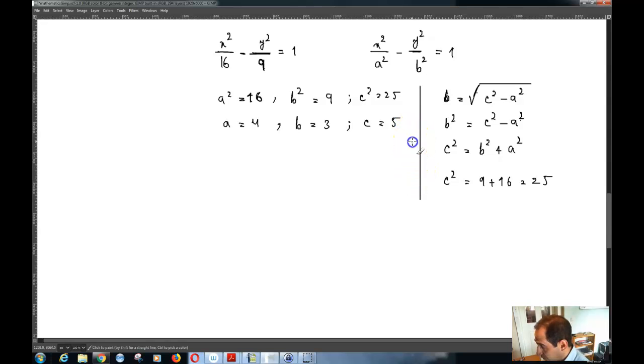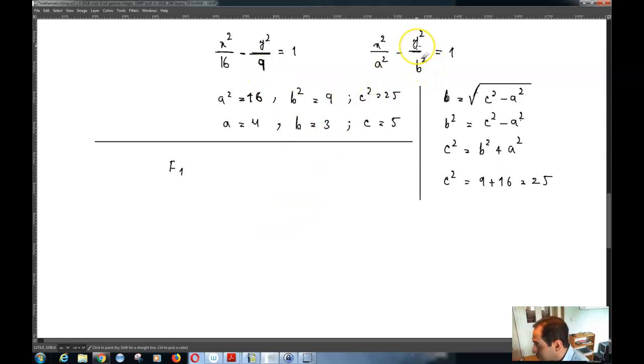So now that we have a, b and c, you can calculate, for example, the vertices and the foci. We said that your foci are at a length c away from the center.